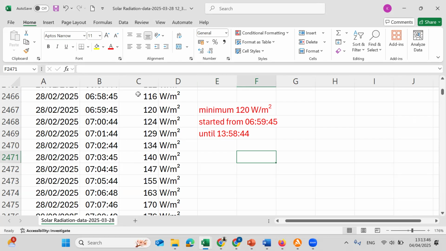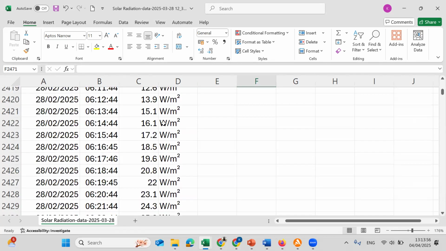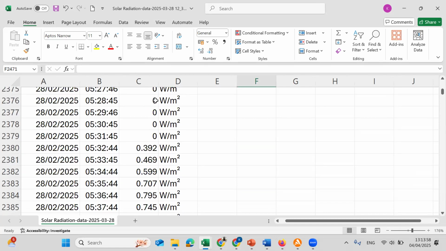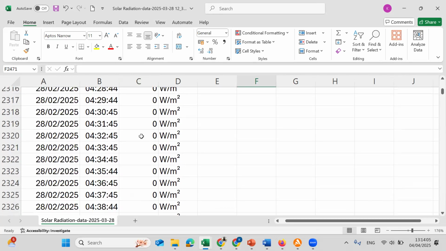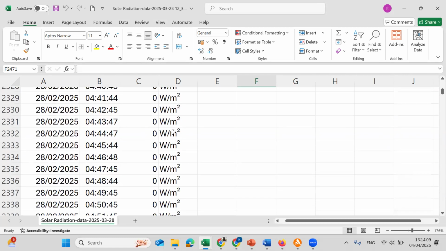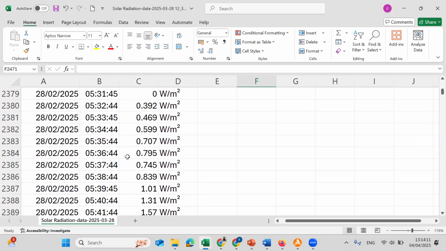This is the intensity of the solar radiation, the intensity of each minute. We can see here that at nighttime, the solar intensity is 0 watts per square meter.